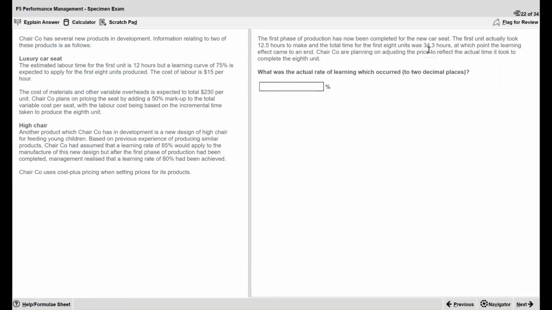And then for 8 units, because it becomes double again, multiply by 0.75 power 3. But the rate of learning is not given in this question, so this 0.75 is the question mark. We are trying to find this. Everything else is the same, and this total time is also given, which is 34.30.